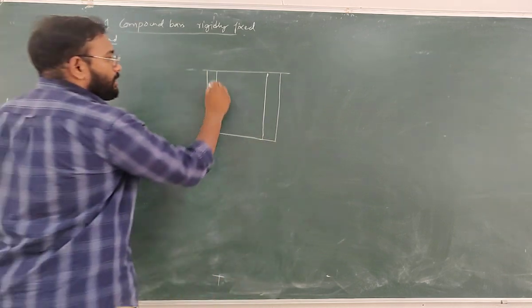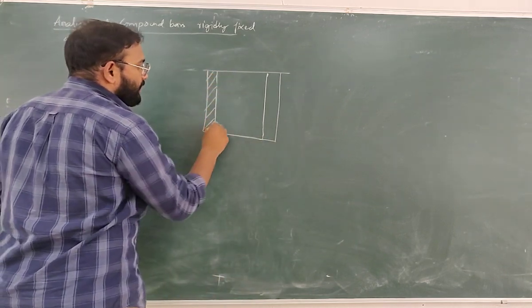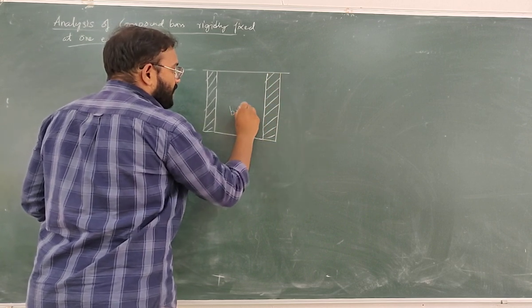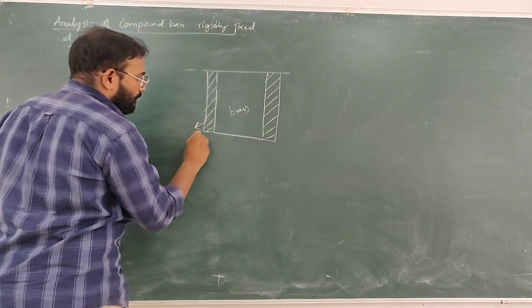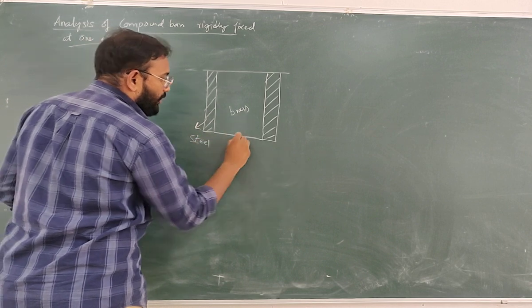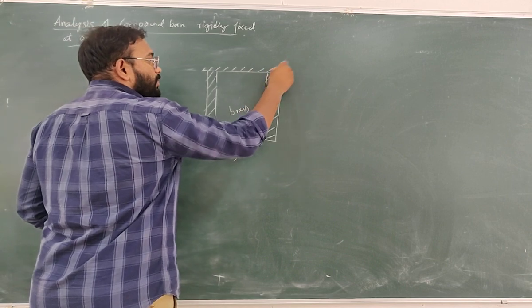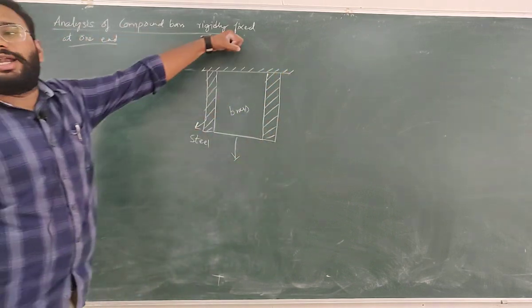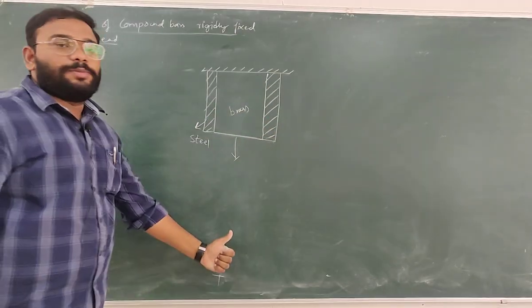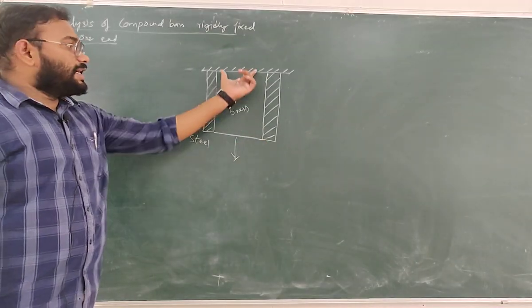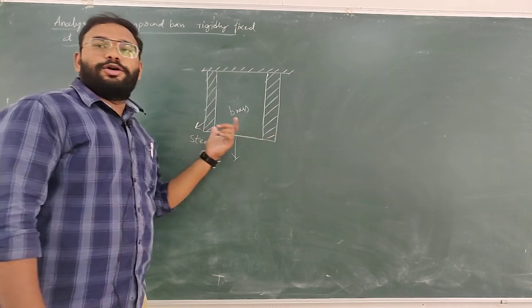This tube is made of steel and this is a brass portion. Now load is applied like this. This is fixed at one end. These bars are firmly held at this position and a load of P is applied so that the total tube is elongating. Inside portion is brass, this outside hollow tube is steel.